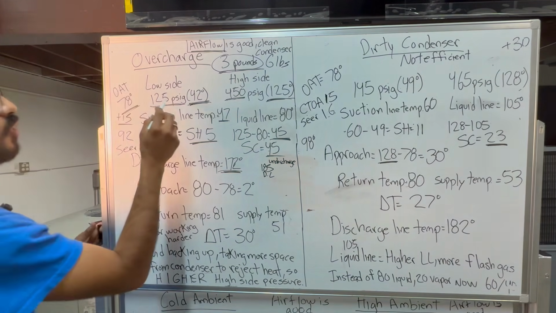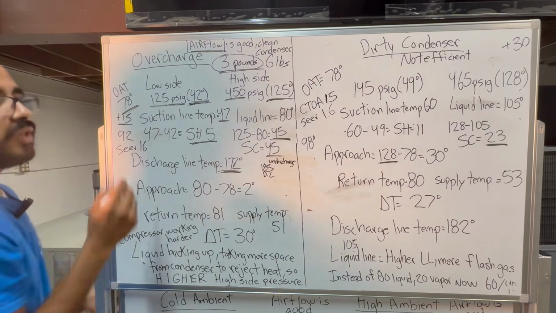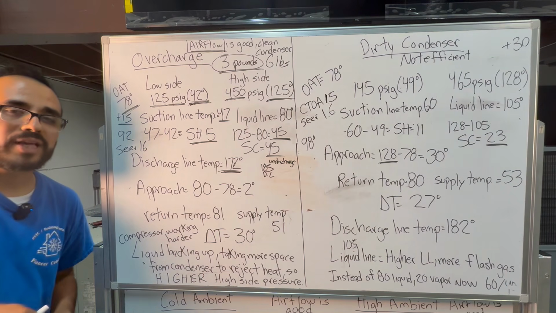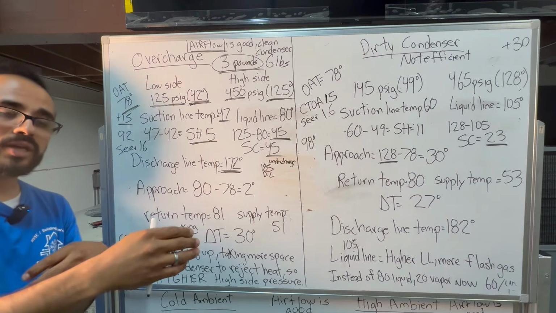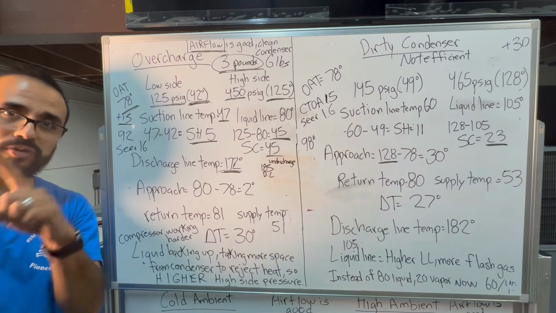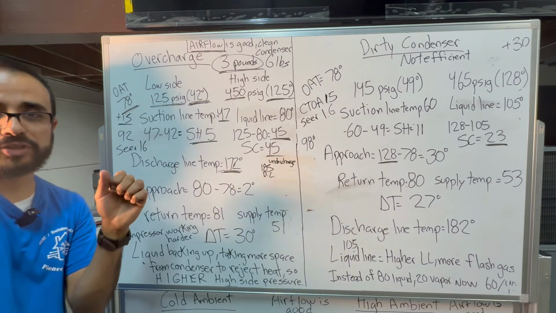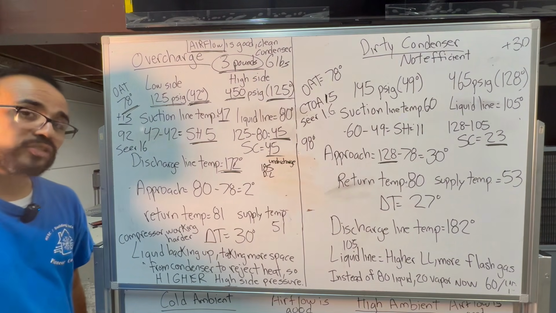My low side pressure was pretty low, 125 psi, 42 degrees. Now, have in mind that system, what could have happened is that it has second stage cooling. So when you activate second stage cooling, because it uses one compressor for stage 1 and stage 2 cooling, it drops down the suction pressure. So it could have happened that it wasn't stage 2 cooling.